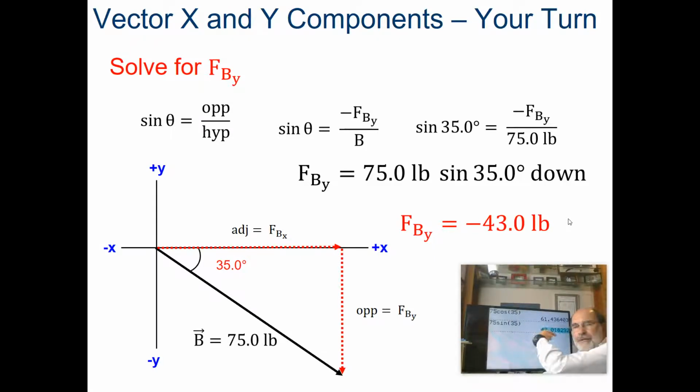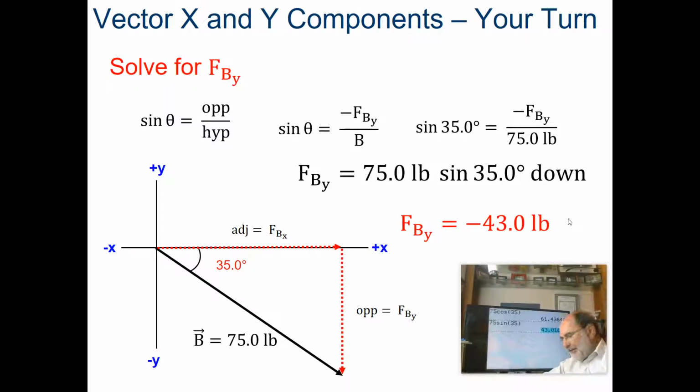So 0 degrees is the positive x-axis, 35 degrees is up here, 90 degrees, 180, 270 degrees, 330 degrees is too far. That would be negative 30 degrees. So you have to back up and call it 325 degrees.